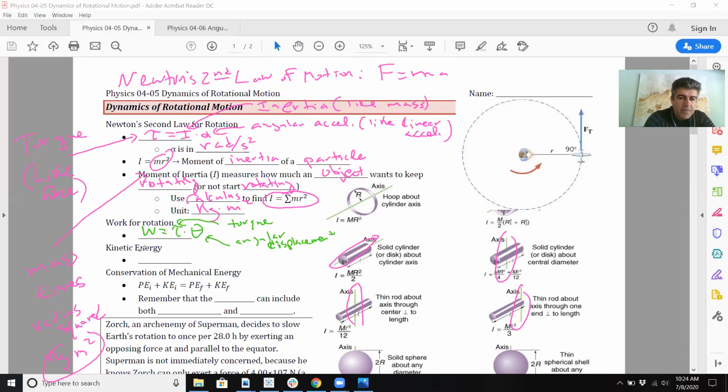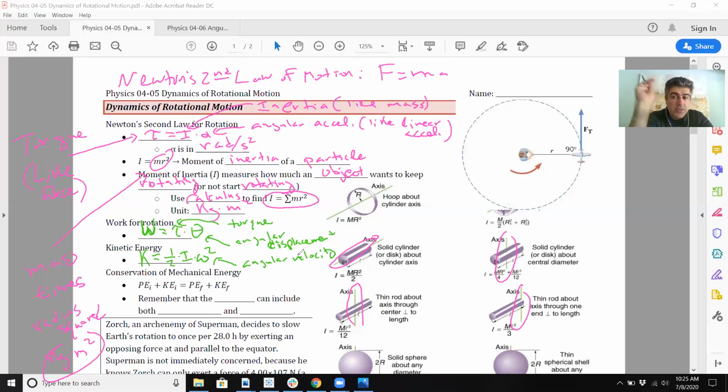Kinetic energy, which you saw in the Google form, so I'm going to put that up, is 1/2 I times omega squared. So this is a capital W for work. This is omega, so don't confuse those. That's actually a Greek alphabet, and it's kind of lowercase. Remember, that's angular velocity.